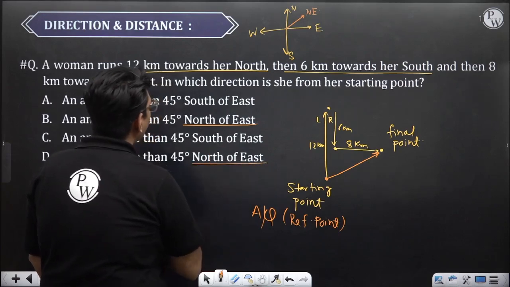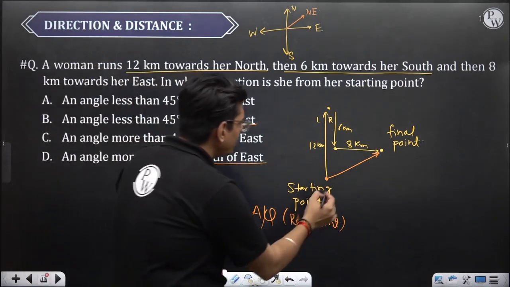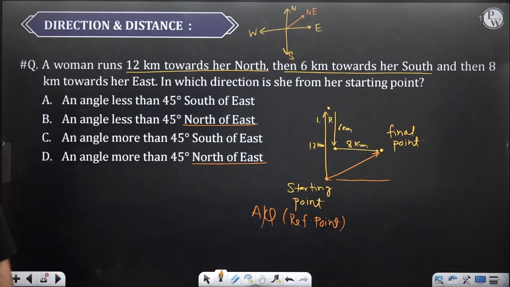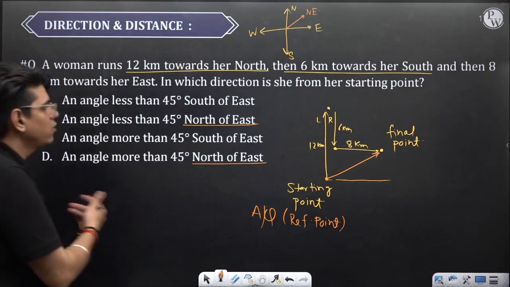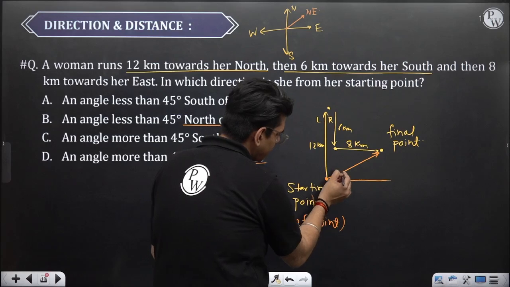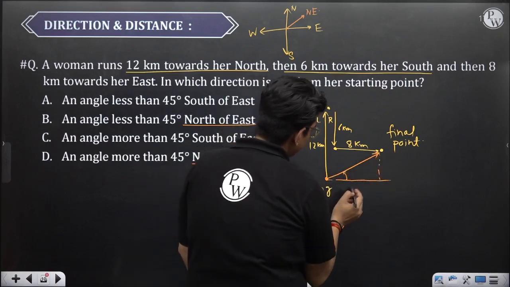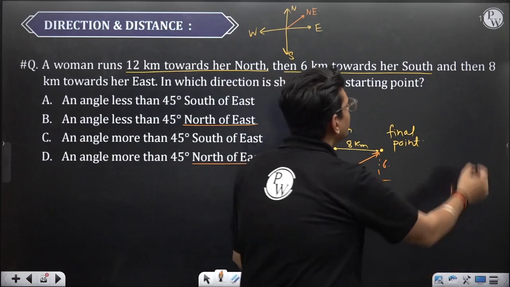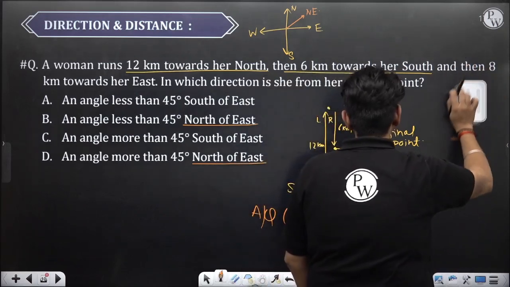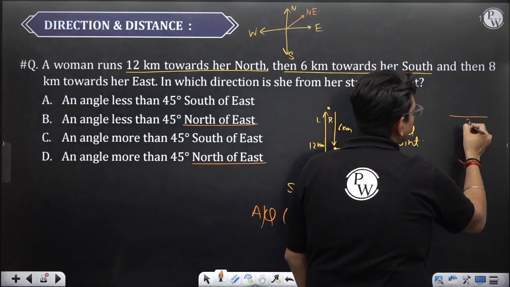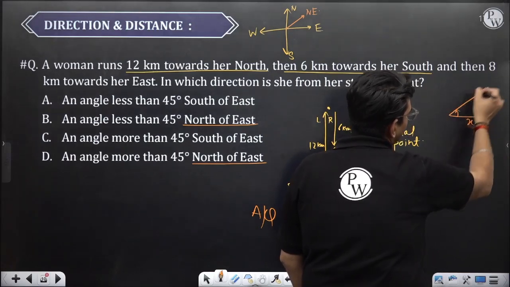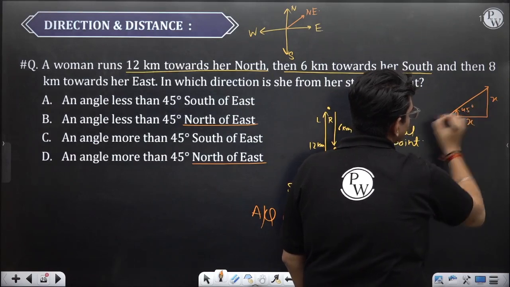Now we need to see if it is making an angle lesser than or greater than 45. Okay. So the angle is calculated from here, right? So we know this is 8 and this is 6, right? Whenever 45 degrees is made, that means whenever this is x, this is also x, then the angle made by this direction is 45 degrees, right?